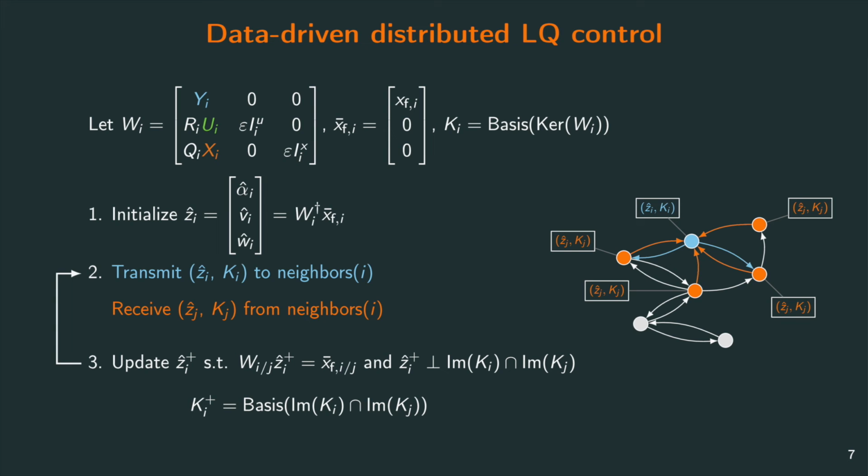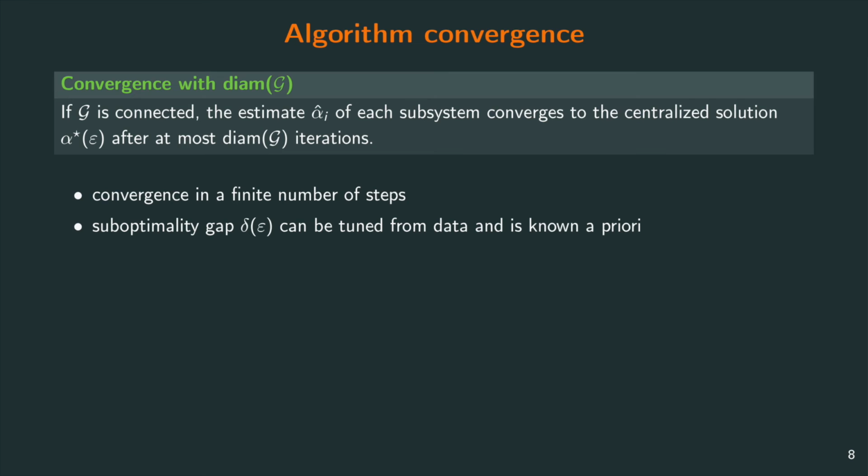By iterating through steps 2 and 3, we update Z hat every time with data coming from the neighbors of I, then the neighbors of I, and so on. Ultimately, we're able to show that if the network G is connected, then the estimate alpha hat of each subsystem converges to the centralized solution, and that the number of steps needed to reach the solution is upper bounded by the diameter of the network.